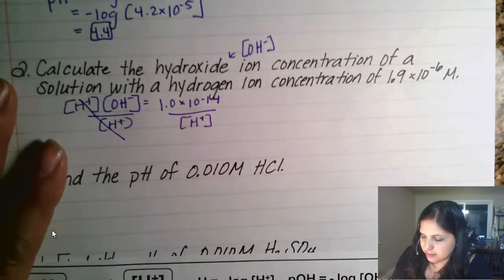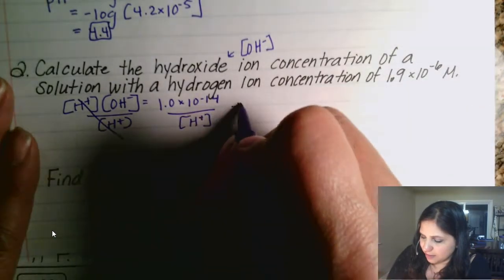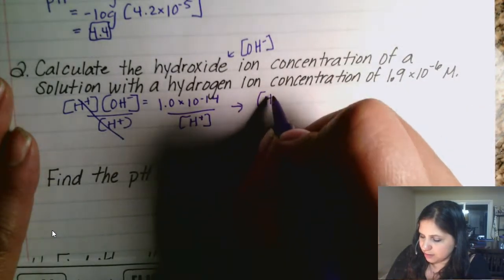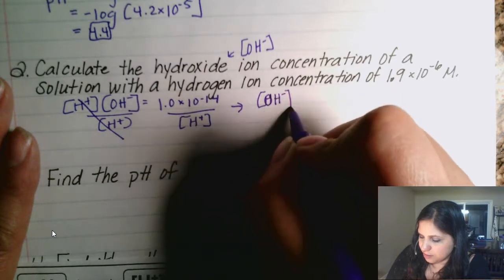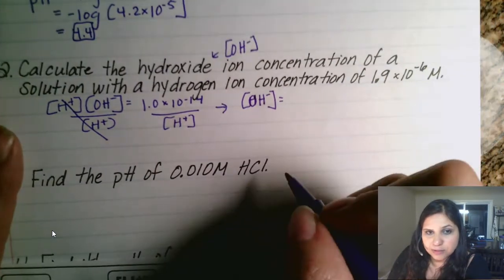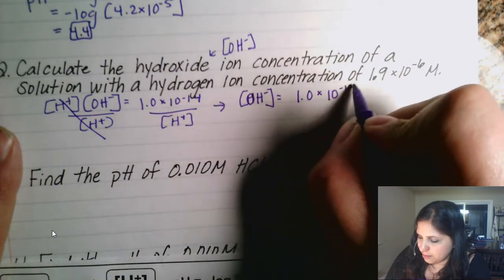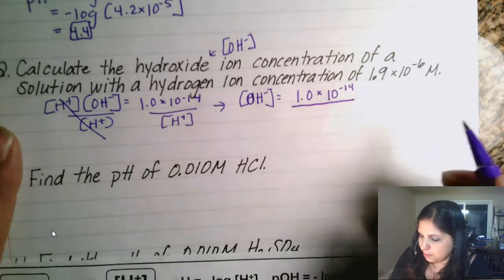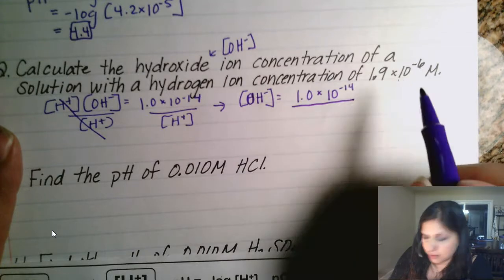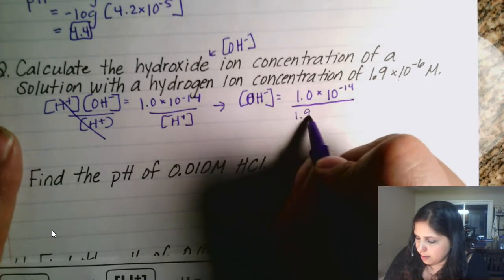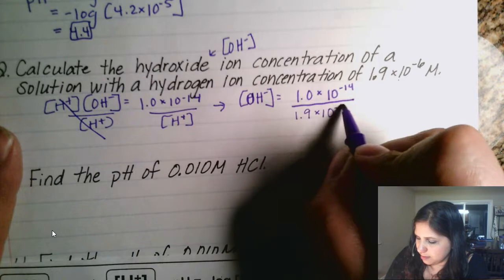So that cancels. And so that's just going to be the hydroxide ion concentration is equal to 1.0 times 10 to the negative 14 divided by this number, 1.9 times 10 to the negative 6.